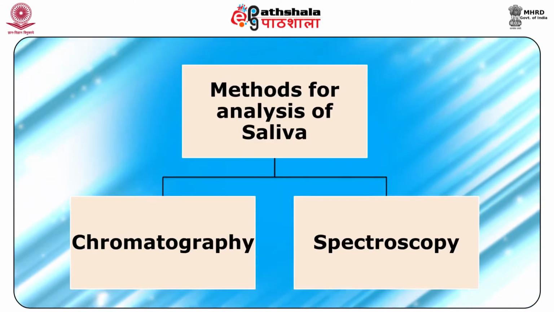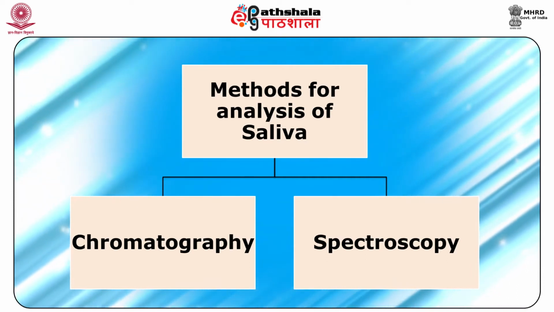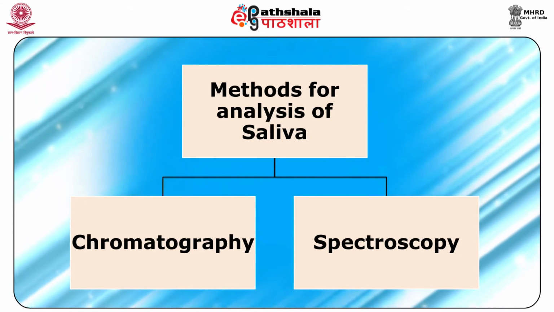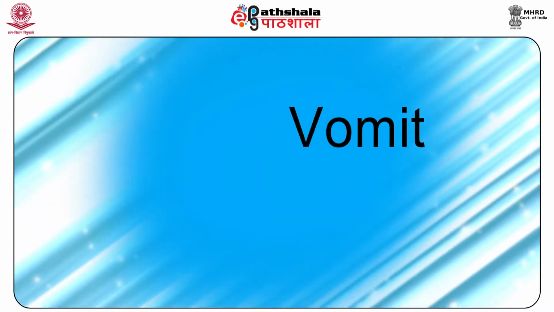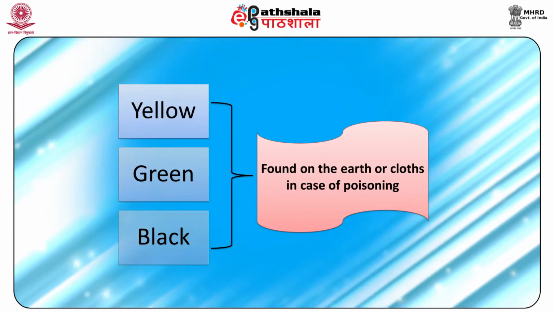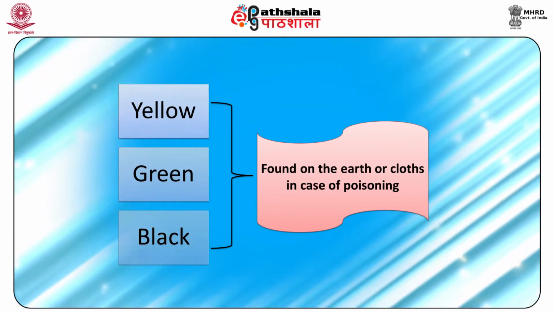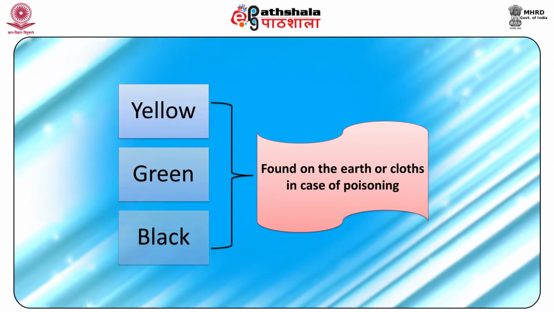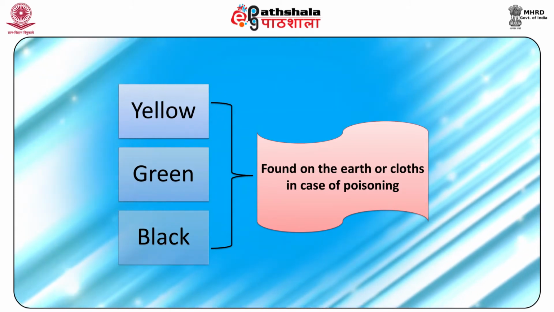Various chromatography and spectroscopy methods are frequently used in the extensive analysis of such samples. Next, we have vomit. It is a yellow, green, or black colored liquid containing undigested or partially digested food matter. It is found on the earth or cloth in the case of poisoning and in some critical diseases, etc.